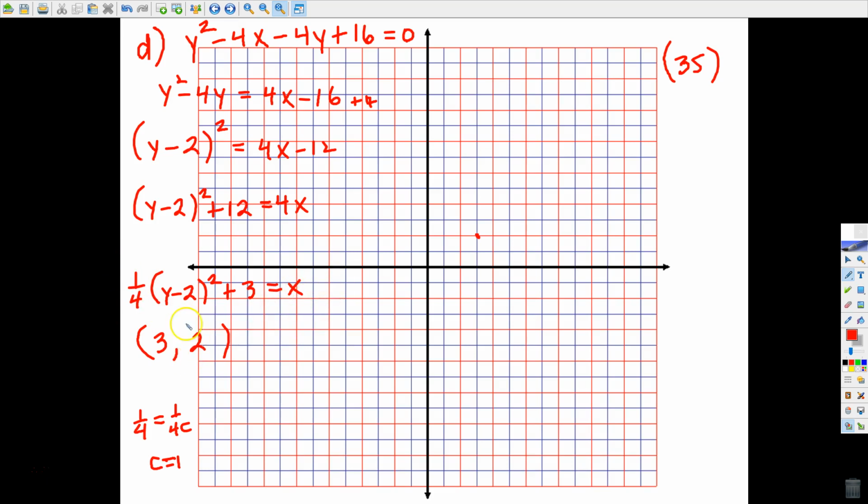That means that I'm going to travel one place to the right to get to the focus. So let's just summarize our answers over here. Vertex is 3, 2. Focus then is going to be 4, 2. Just moved one place to the right. And the directrix is going to be a vertical line this time. It's going to be the vertical line x equals 2.